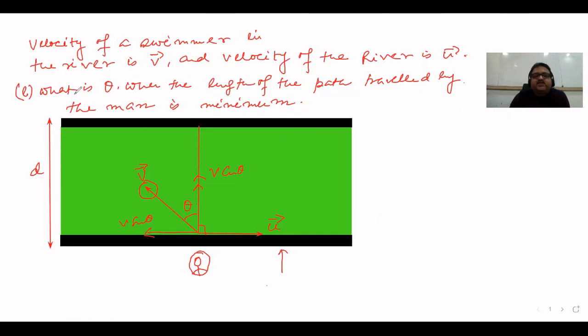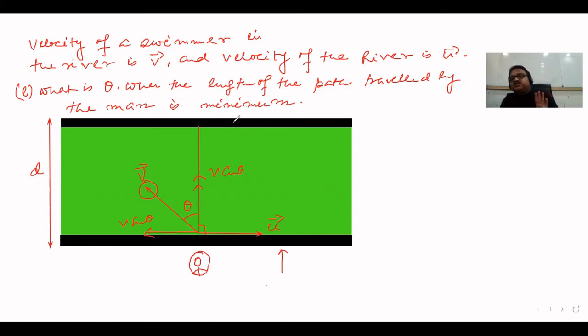Now, the second part of the problem: what is theta when the length of the path traveled by the man is minimum? That means the path the man travels in order to move from this point to this point.